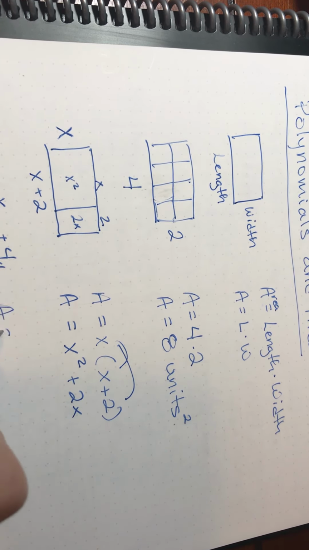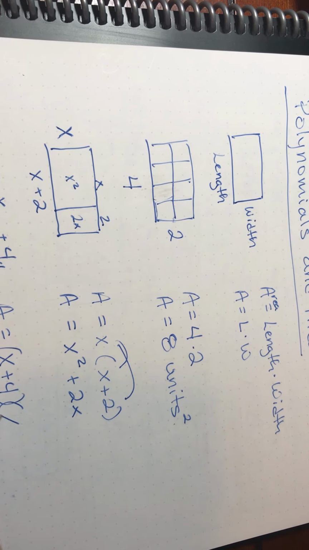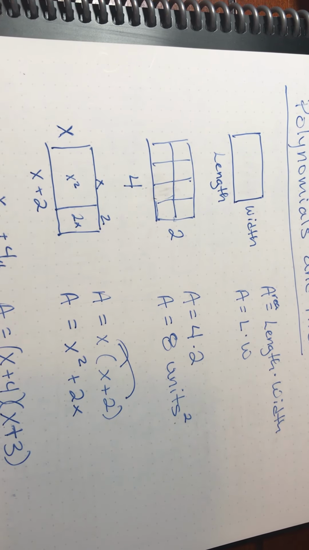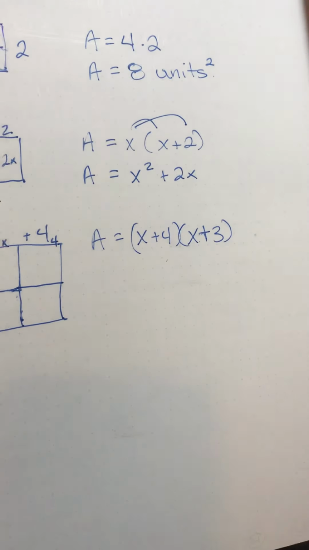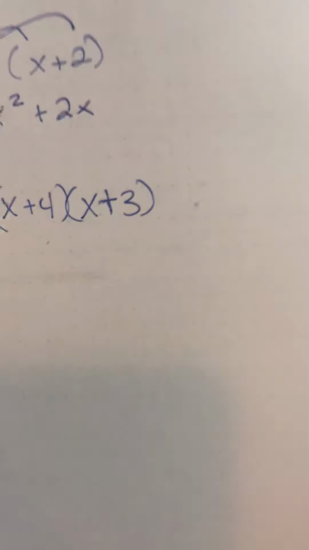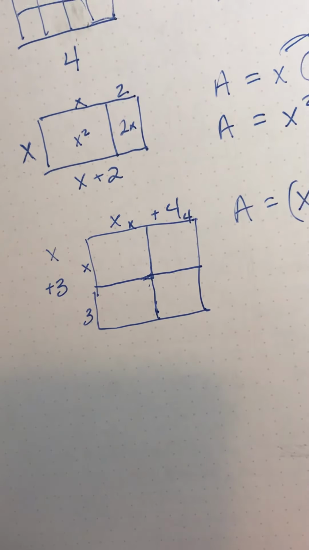So our area equals x plus 4 times x plus 3, or you could write it x plus 3 times x plus 4. It doesn't matter the order of these two, right? Just like we could tip this sideways and it would still be the same square.